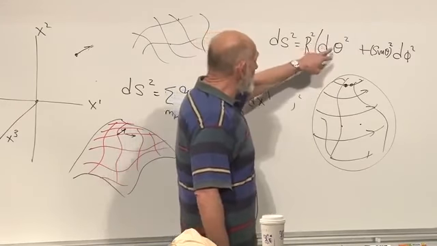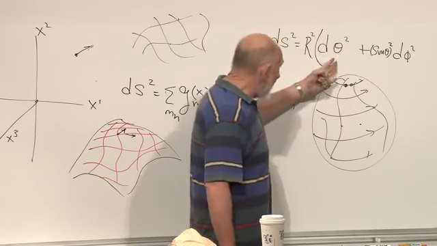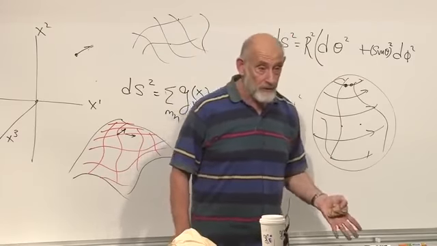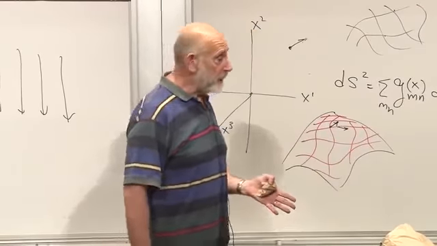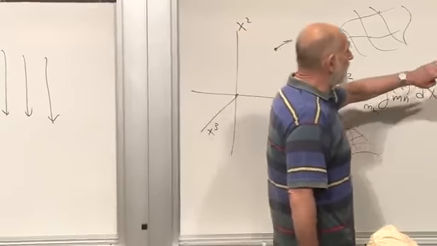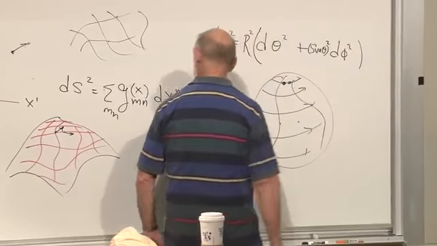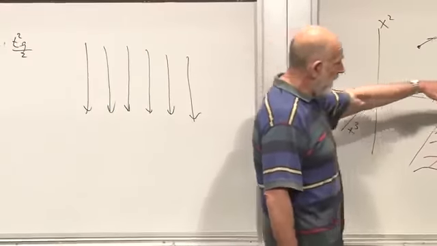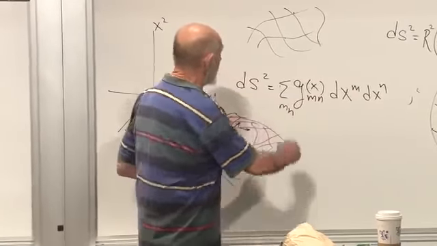But it will always involve the coordinates quadratically. There'll be d theta squared terms, d phi squared terms, and d theta times d phi terms. There will never be d theta cubed terms. There will never be things linear. Everything will be quadratic like this. And you'll get some general formula which will involve a matrix and the little separations dx.